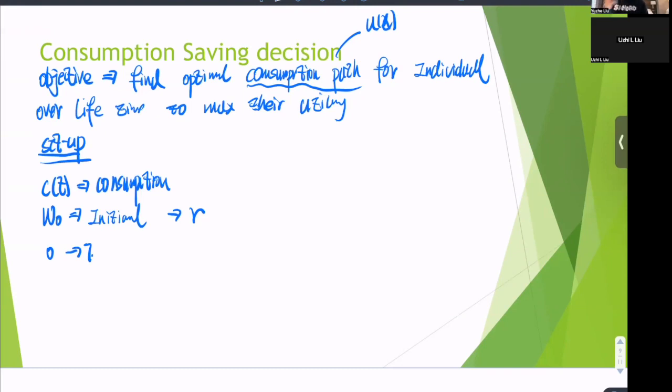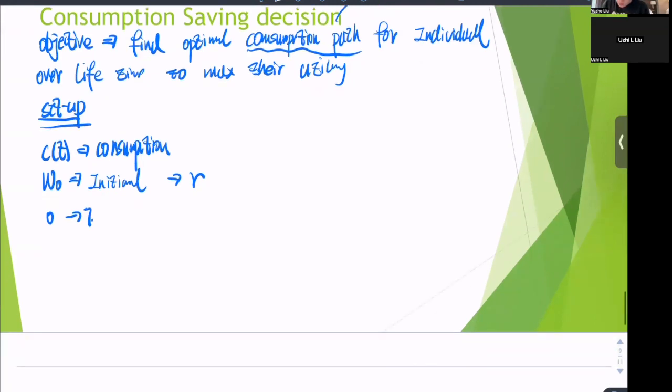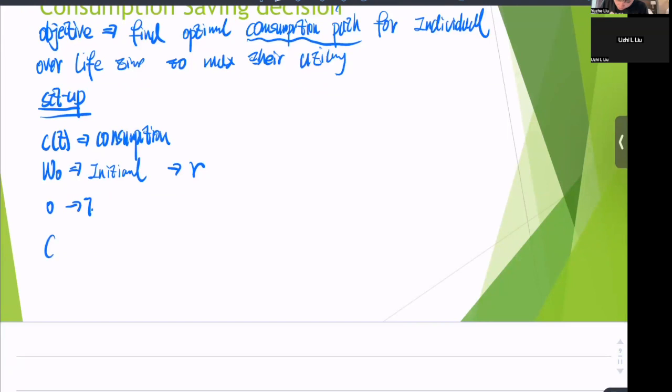Our utility function is just going to be Cobb-Douglas. It is the most common utility function, and the most representative utility function that you can have in economics.